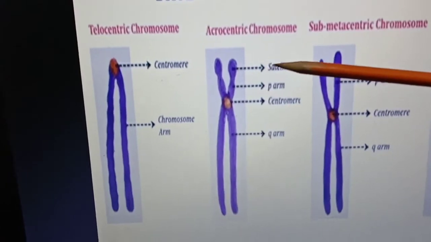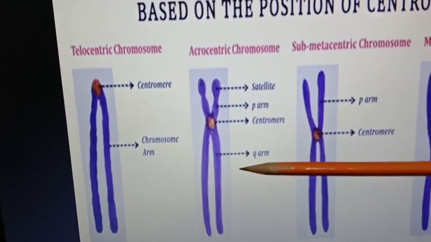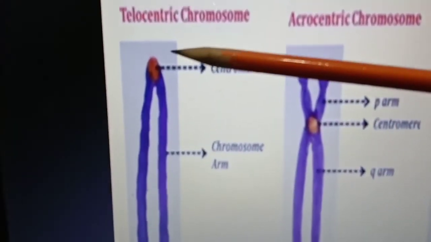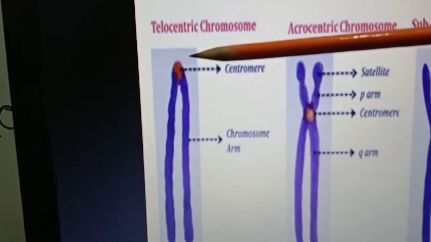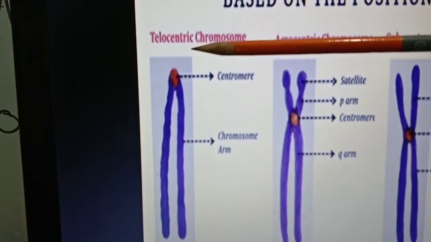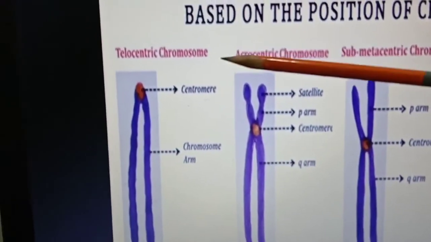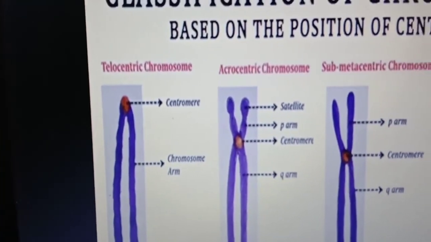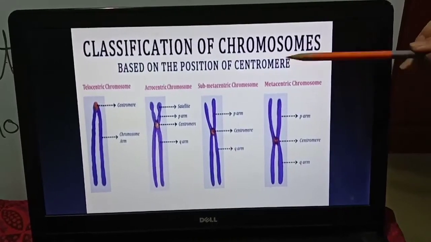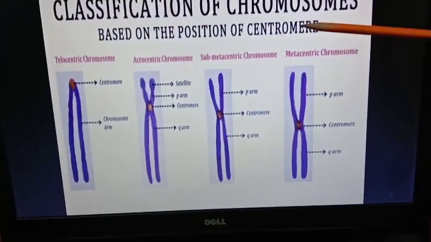The satellites are seen and the P arm is comparatively shorter, while in the telocentric, since the centromere is at the extreme, you will see that the P arm is not seen and the chromosome is called telocentric. So we have 4 types of chromosomes depending on the position of centromere.